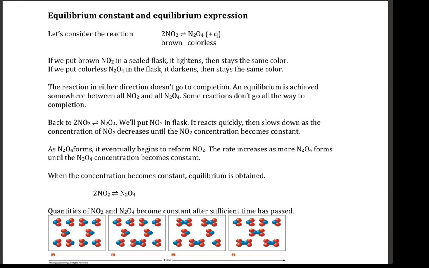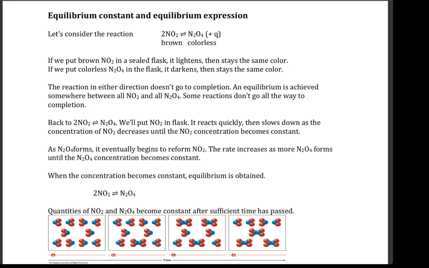On the other hand, if we put colorless N2O4 in a flask, it darkens a bit. It doesn't go totally dark brown, but it does darken a bit. Then the color remains. In fact, the color would be the same regardless of whether we started with brown NO2 and it lightened, or colorless N2O4 and it darkened, as long as we don't change the conditions.